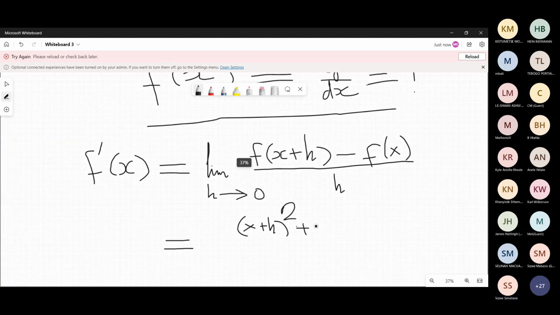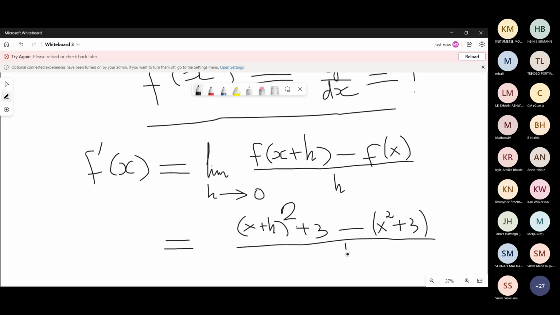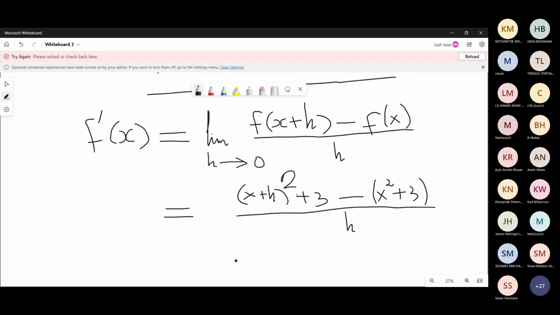Plus 3. Now, minus, what is f of x? Same, it is x squared plus 3, right? Plus 3. And we divide by h. Right. Let us see what we'll obtain.